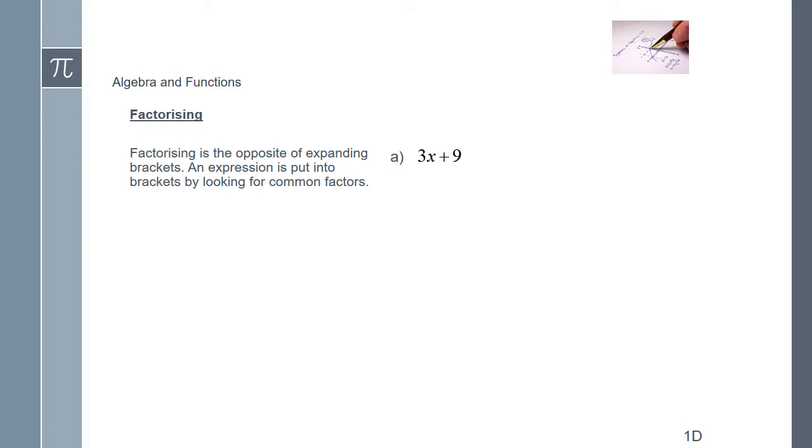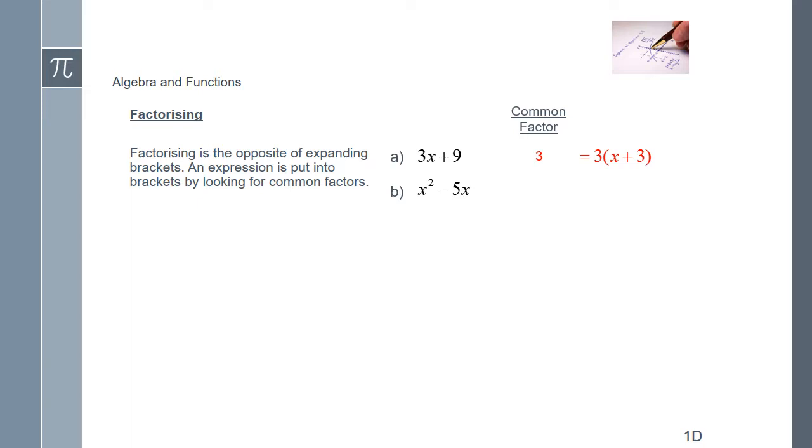Well, it's 3. So once you know that 3 is the highest common factor, you ask, what do you times 3 by to get 3x? X. And what do you times it by to get 9? You times it by 3. So it's 3 outside the bracket, (x plus 3) inside. This is exactly the opposite of part 3 of this video.